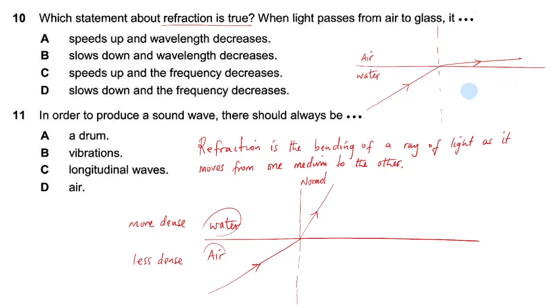Now, when the speed increases, the wavelength must change, because wavelength is equal to speed over frequency.